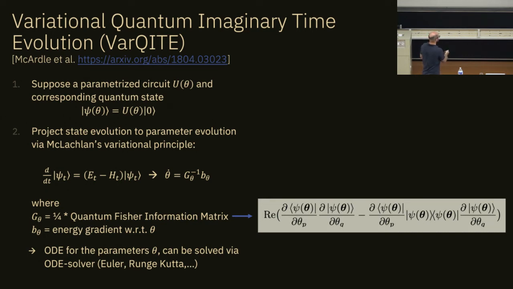These are things you can evaluate on a quantum computer, and then you can evaluate this time derivative of your parameters. Then you can apply your favorite ODE solver. Easiest one is just forward Euler to try to follow these parameters.